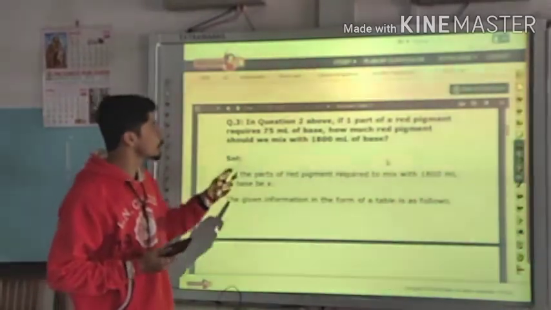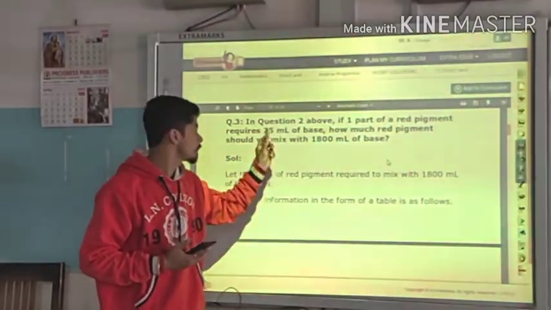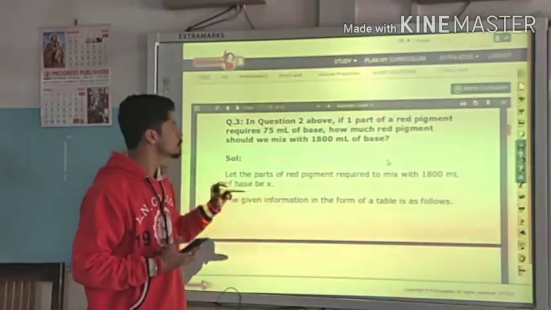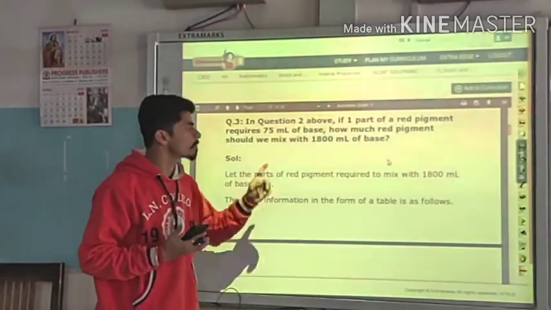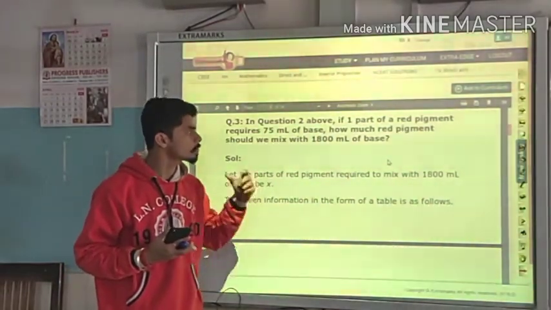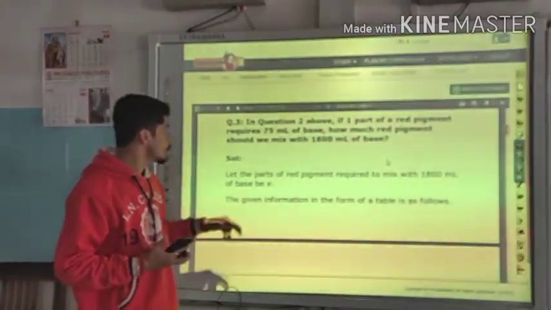In this question, one part of red pigment requires 75 milliliter of base. So in 1800 milliliter of base, what is the total quantity of red pigment required? Let's see the solution.